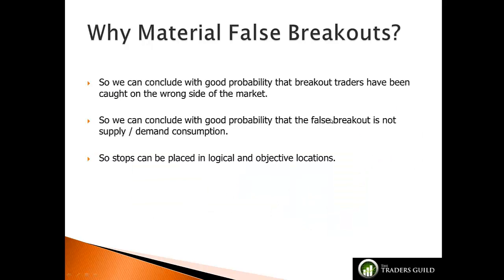So the next topic is why a material false breakout. In the last video I said I'm always looking for a material-sized false breakout, i.e. a material break of an SR swing point and then a close back above or below. So why am I looking for material false breakouts? Firstly, we have to be able to conclude that the breakout traders' orders have been triggered.